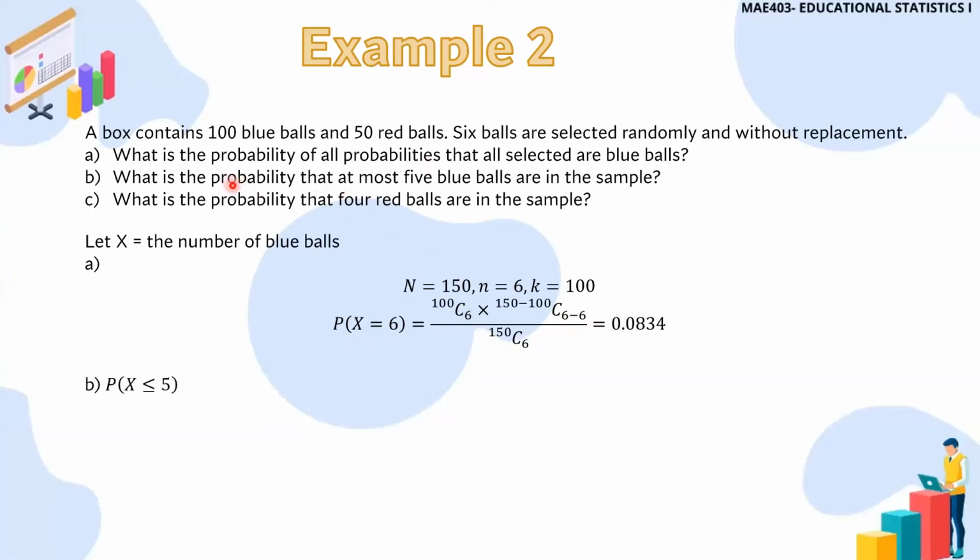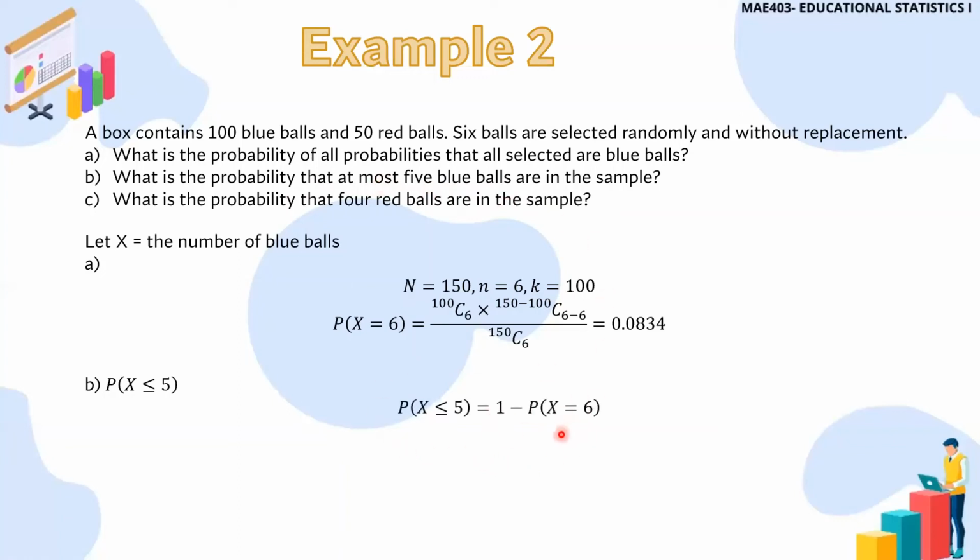Next is, what is the probability that at most 5 blue balls are in the sample? Still blue balls, therefore we use the same population, sample size and classification. At most 5 means the probability that X equals 0, 1, 2, 3, 4, or 5 blue balls.